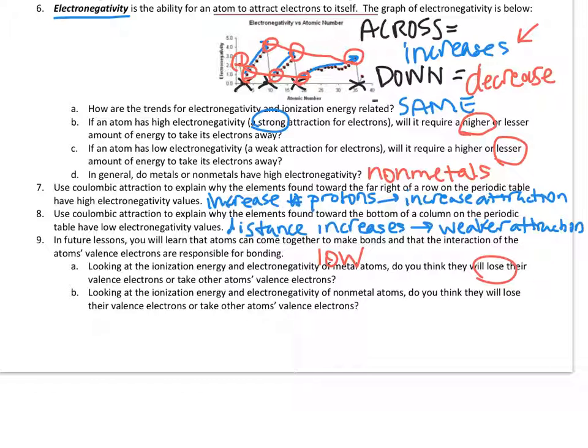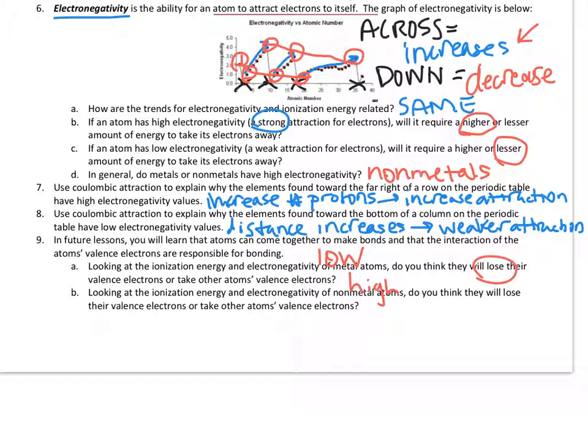Now in 9b, looking at, again, the ionization energy and the electronegativity of nonmetals, remember we said that those guys are high, those guys are on the right side. Do you think they're going to lose their valence electrons or take other valence electrons away? Well, having high ionization energy means that it takes a lot of energy to take away the electron.